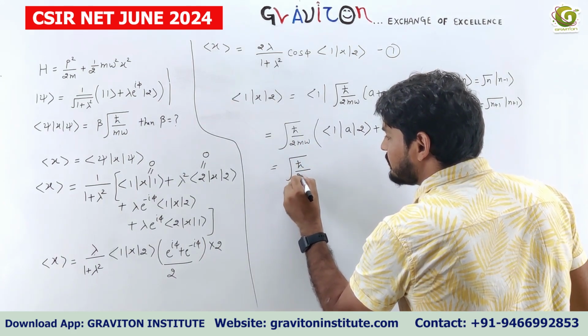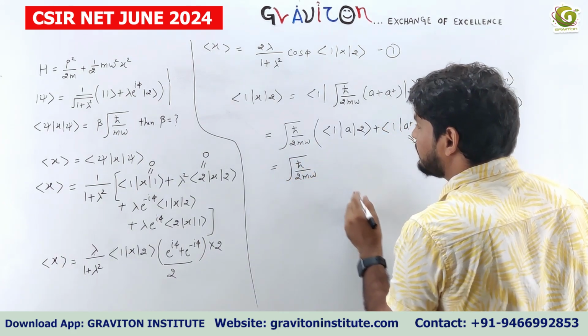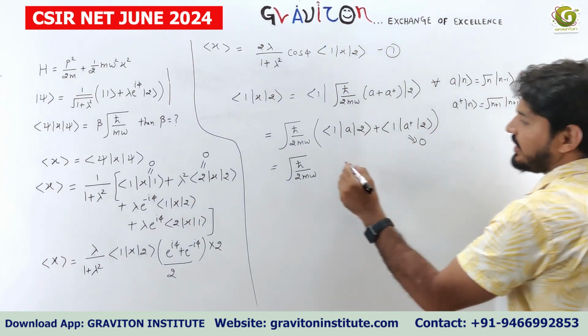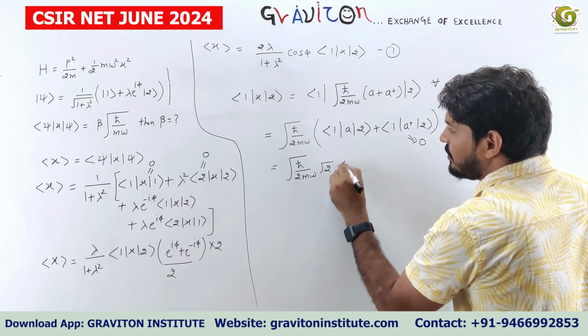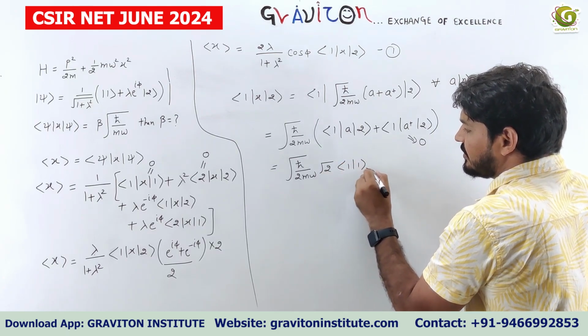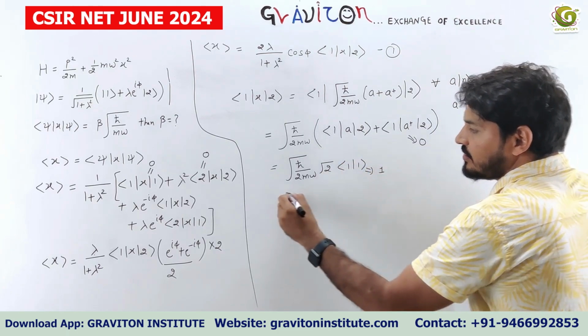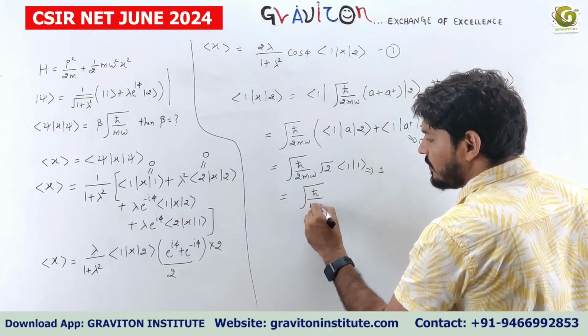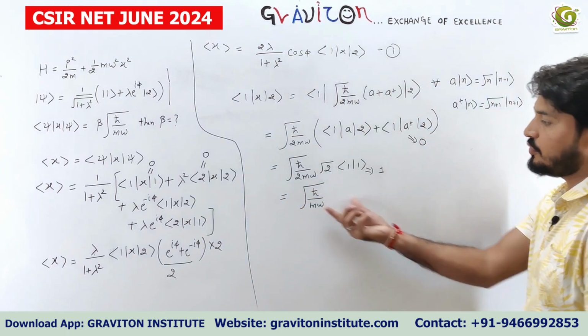So I can write it like this: h cut over 2m omega. When you operate a on 2, what you will get? Under root n, so this is under root 2, 1 with 1, and this is simply 1. So this will give you under root h cut over m omega. So put in equation 1.